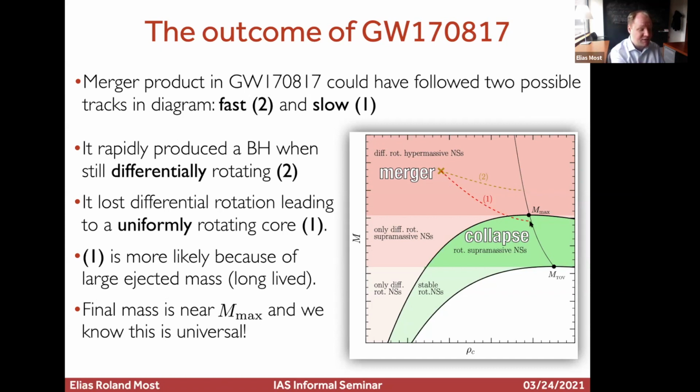So if you do the timescales, you find that you actually collapse as a uniformly rotating star. You simply estimate how long it takes to remove differential rotation, and you see the collapse should happen as for a uniformly rotating star. So you will cross somewhere down here in the green region. And the interesting thing is, if you come close to M max, we know what M max is because it's 20% more than M TOV, so you can immediately infer the maximum mass of the neutron star. But we'll walk through this in a bit more detail.